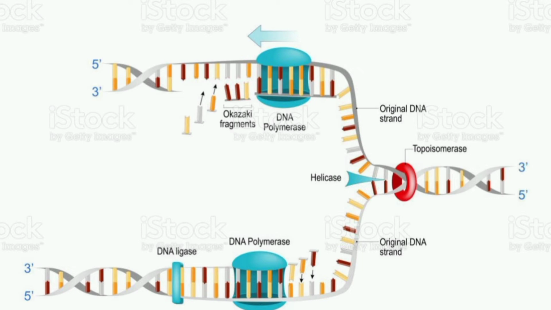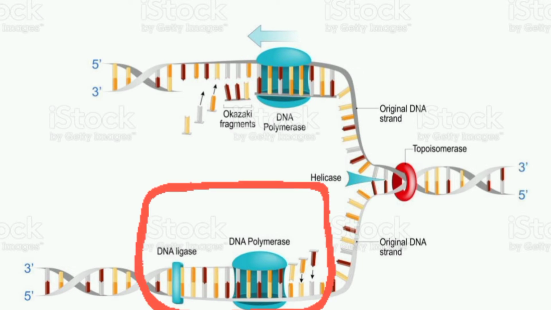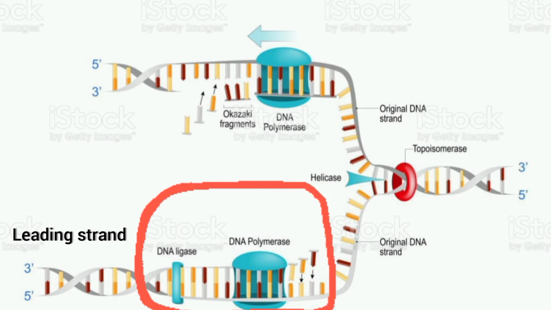On the original DNA strand that goes from 3 to 5, DNA polymerase will build from 5 to 3 because, as we know from the properties of DNA, it's antiparallel and it's basically the direction that DNA polymerase knows. So we don't have a problem with that strand, and that's why this strand is called the leading strand.